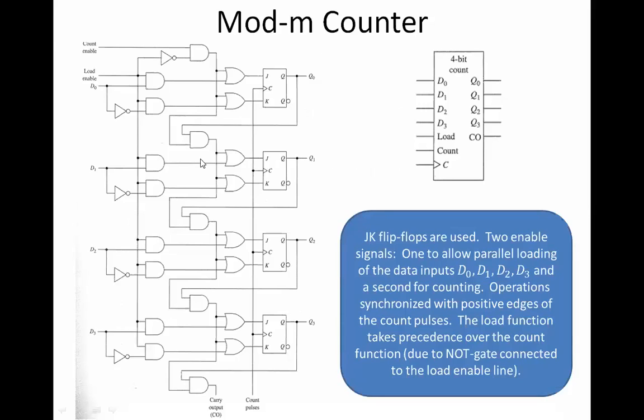If you just look at this circuit, it is so intelligently designed, wherein it can either take count or load, and the highest priority is given to load, so that even though by mistake our count enable is given 1, the load values are taken up. That's because there's an inverter and an AND gate. So making use of the property of this inverter and AND gate here is special.